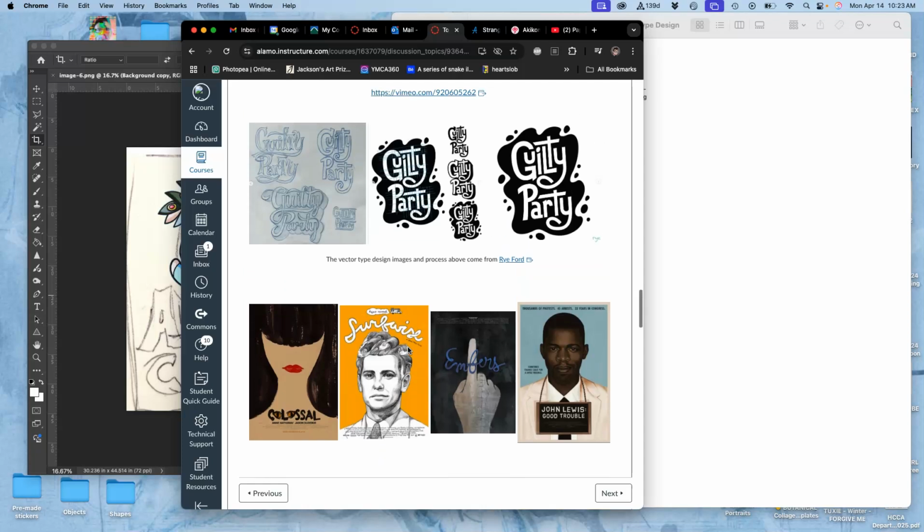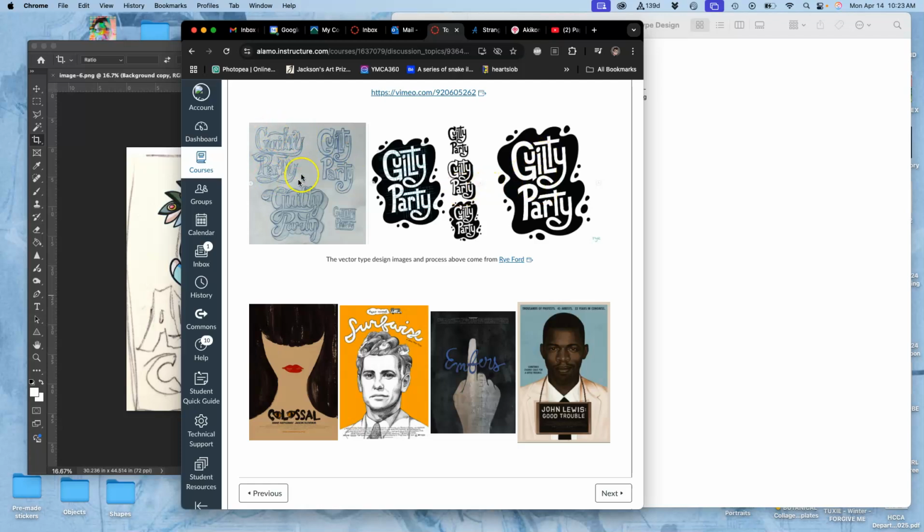The early 20th century is where we have the birth of what is called modern type design. Bauhaus is maybe the most famous. Modern type is type that doesn't have any decorative serifs. It's sans serif type. And this is a nice example of a modern type, the guilty party.